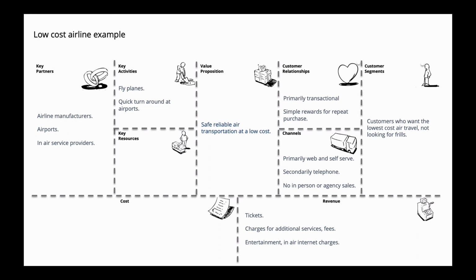So they had some extra capability around turning around planes very, very quickly. And you could say, since their channels were primarily web and self-service, there might even be a key activity around selling tickets and engaging with customers that wouldn't necessarily have been a big deal for mainstream airlines when Southwest got started.